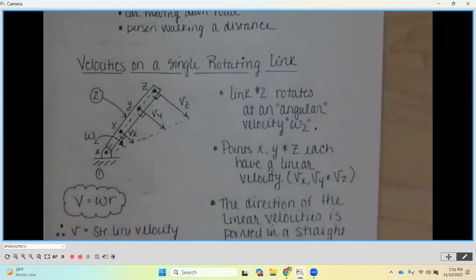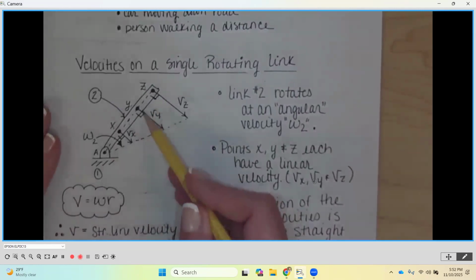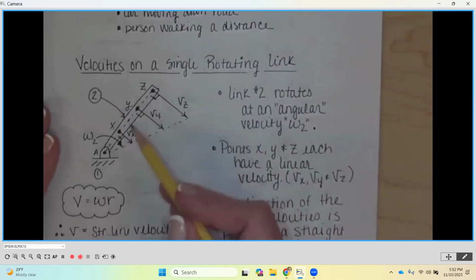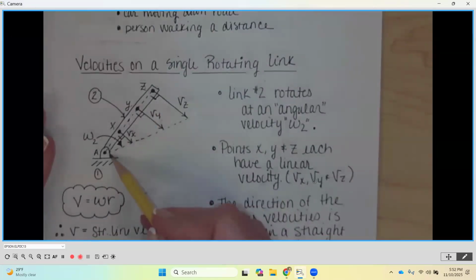When we start looking at things that are rotating, okay, now we have a new type of velocity, and we call that angular velocity or rotational velocity, kind of the same thing, but two different words for it. So angular velocity is going to be, as we look at, for instance, a single link that rotates about a fixed center.